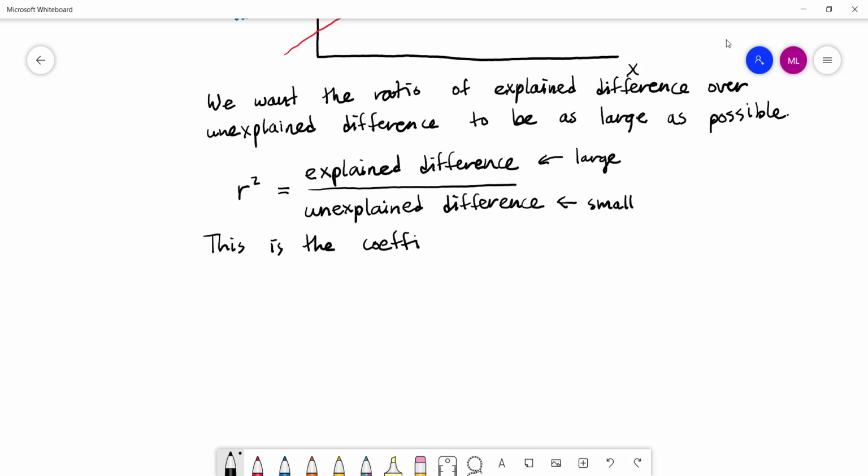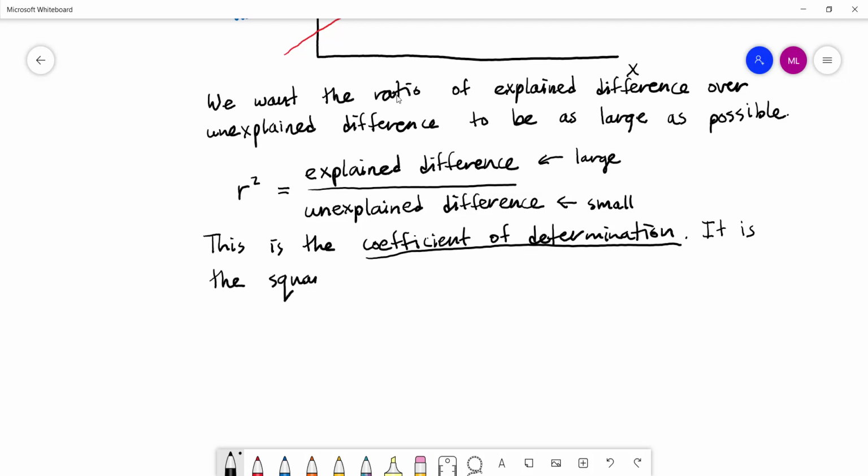And it turns out mathematically that instead of having to actually find these ratios the way that we're doing right here, the coefficient of determination is related to the correlation coefficient. It is simply the square of the correlation coefficient.